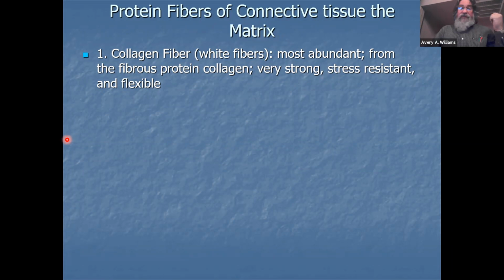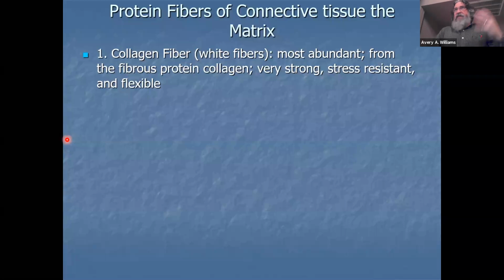If you think about tendons and ligaments and the properties of other tissues, what allows them to be strong, stress-resistant and kind of flexible is the presence of these collagen fibers.